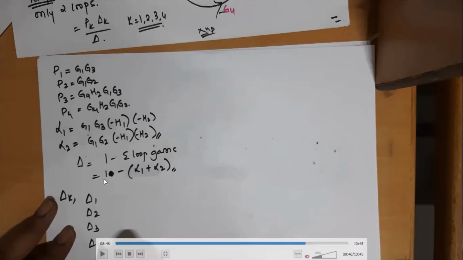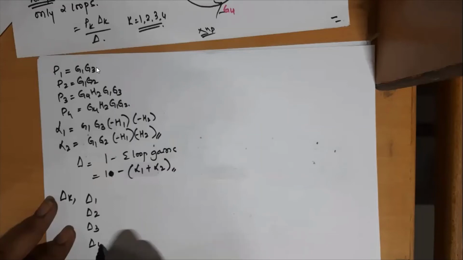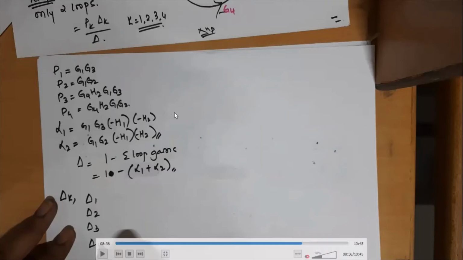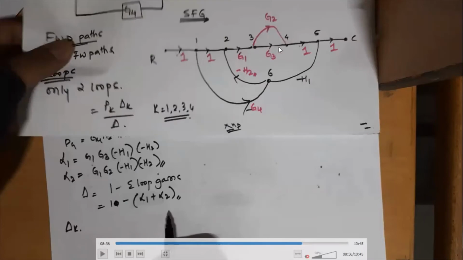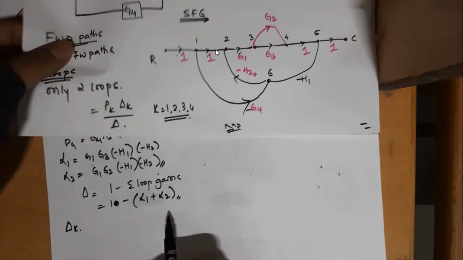So you have delta here and you have the forward path here. The first forward path is this forward path. To get delta 1, I have to remove those loop gains which are touching this forward path. My straight question is whether L1, loop 1, is touching this forward path. Obviously.